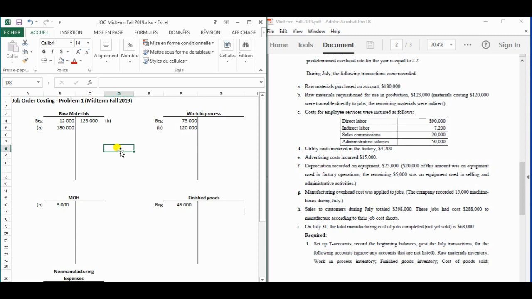Next transaction, costs for employees' services were incurred as follows. So we have the cost of direct labor, indirect labor, sales commission, and administrative salaries. Okay, so let's start with direct labor. We know that the direct labor is recorded in the debit side of work in process.